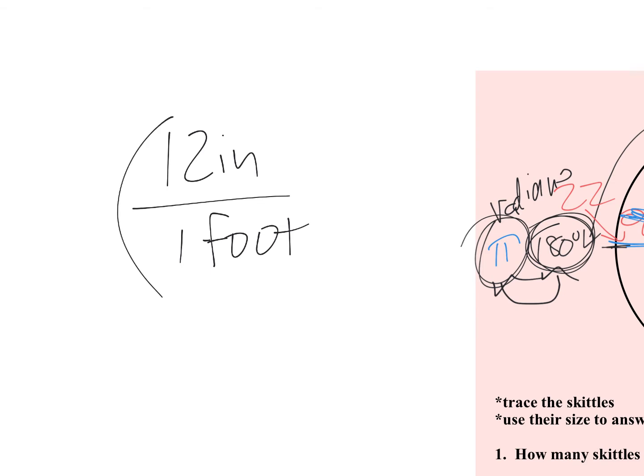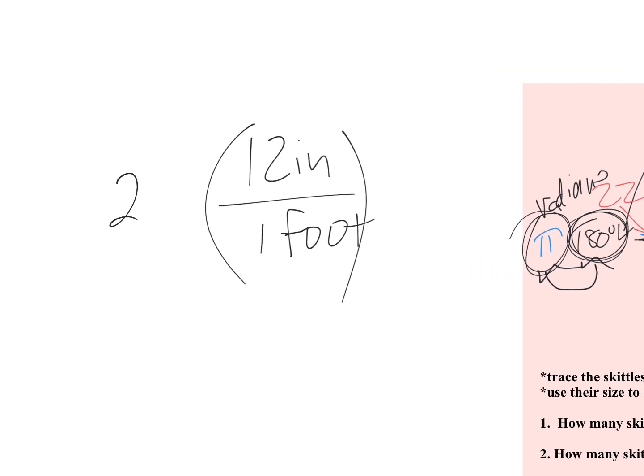12 inches in 1 foot can be used to convert, let's say I have 2 feet. Do you get then the feet would cancel and I get 2 times 12 is 24 inches? If you've never learned to convert this way, it is the best way to convert things. Say I have 3 meters.